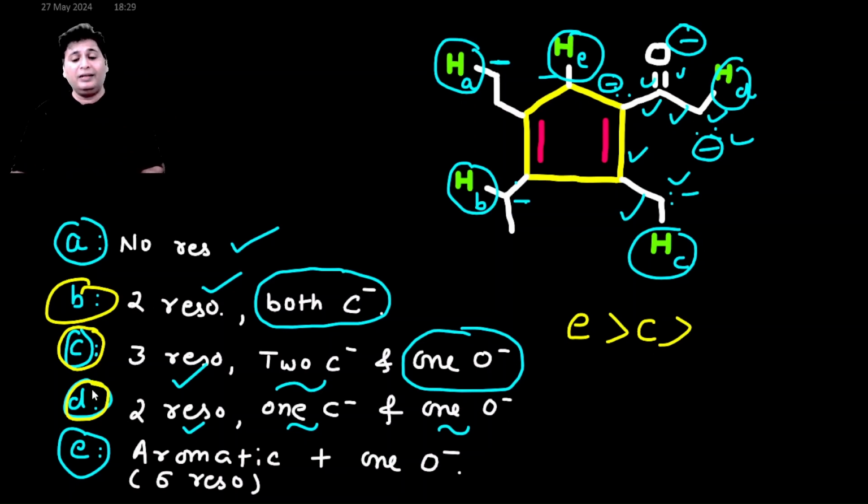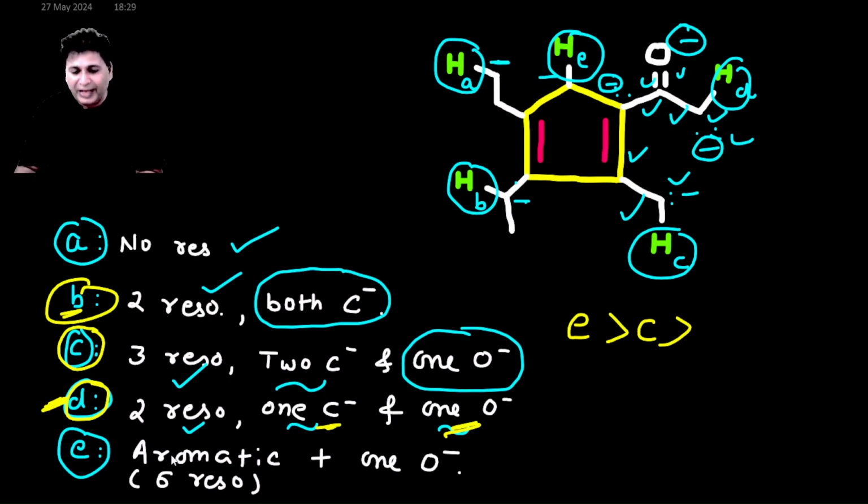But the tiebreaker is, in D you have 1 minus on carbon and 1 minus on oxygen, whereas in B both resonating structures have minus charge on carbon. That is a demerit.